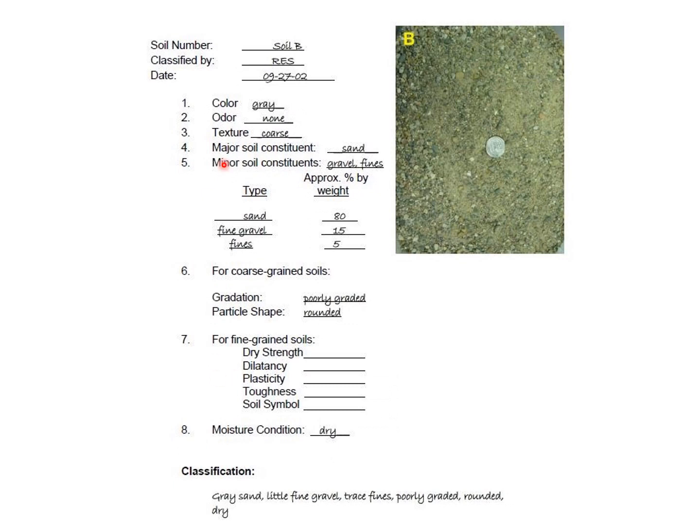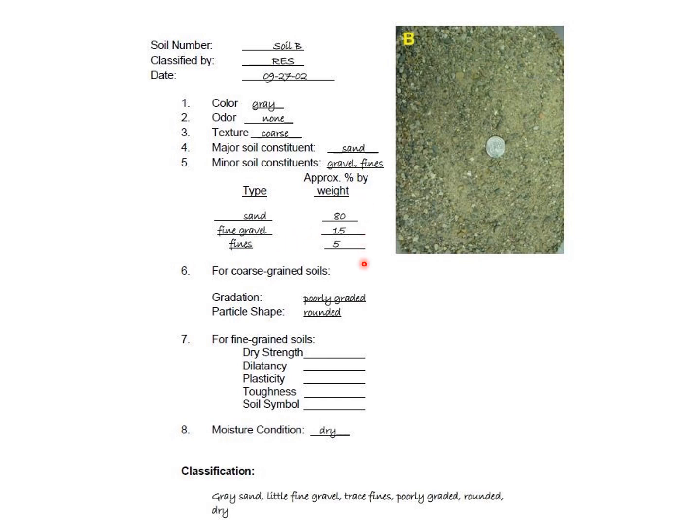Now look at this soil, soil B, and here the particle size is very small, relatively small compared to the previous one. The color is gray, there is no odor, texture coarse, and the major soil constituent is sand, and the minor soil constituents are mentioned over here: some gravel and some fines. Look at the percentages of the different constituents: sand, fine gravel and fines.